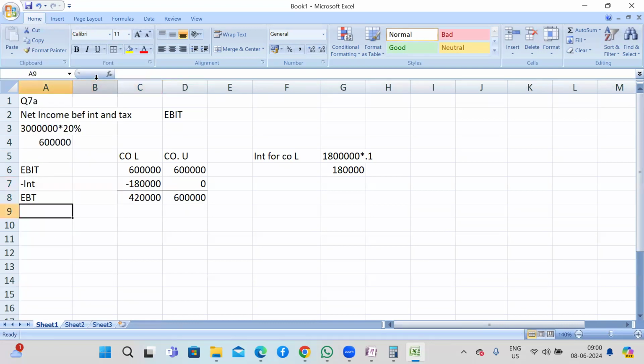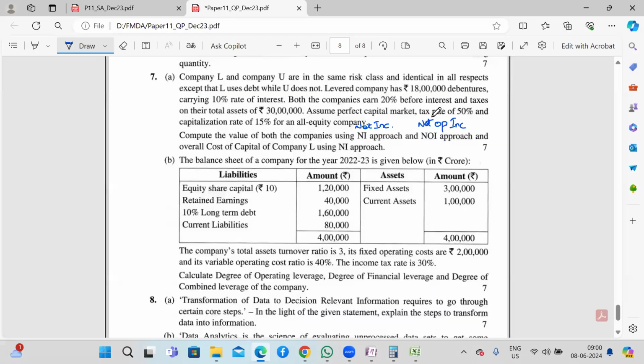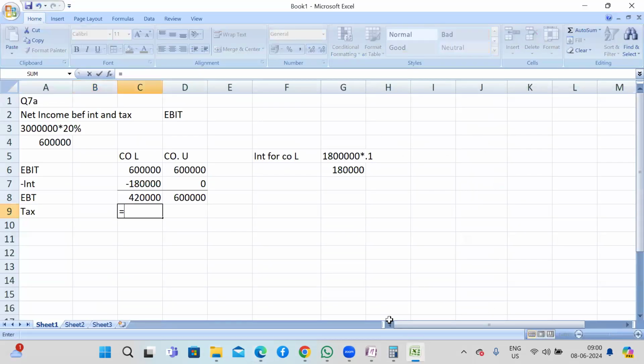Then I want to calculate tax now. They have given us 50%. Remember, it is 50%. Since it is a perfect capital market, the tax rate will be similar for both the companies. So 4,20,000 into 0.5 is 2,10,000.